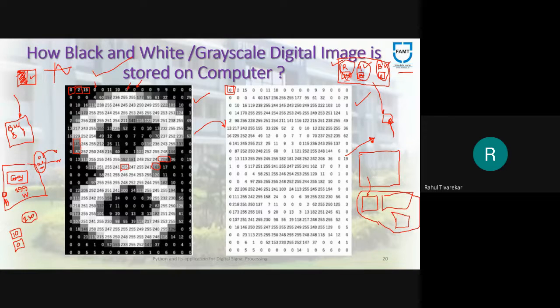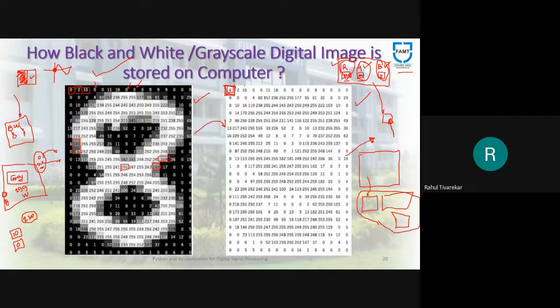Suppose this is a sinusoid signal, and this point is called the origin, where the time t is equal to 0. In the image we don't have any time t equal to 0. Instead we have a coordinate called an origin.